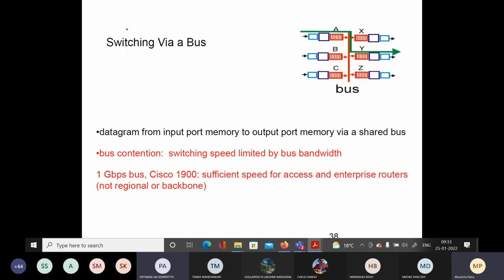Even with that, we were facing the problem that because it is shared by different line cards, it is limited by the capacity, and it also limits the number of line cards that can use that bus.